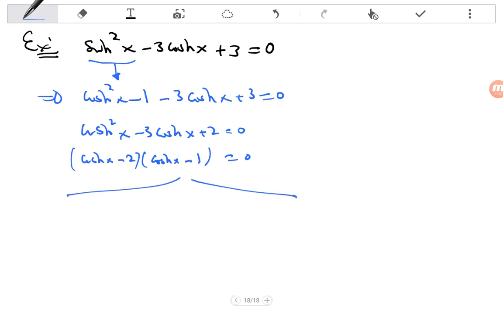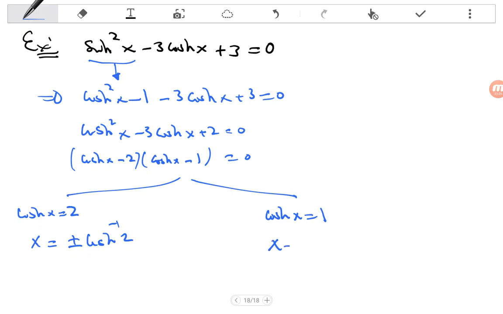So that means that we have two equations, cosine x equal to 2 or cosine x equal to 1. And we learned that for the equation in which cosine is equal to some number, if that number is greater than 1, I will have two solutions. So x will be just plus or minus cosine inverse 2.